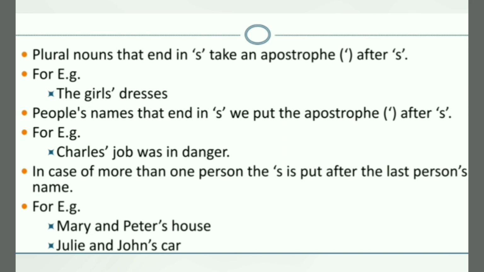Plural nouns that end in S take an apostrophe after S. For example, the girls' dresses.